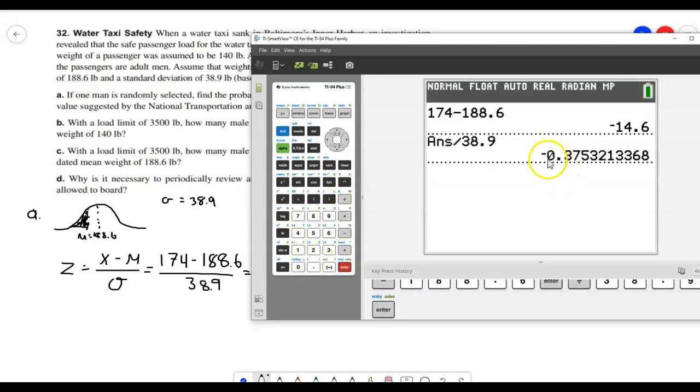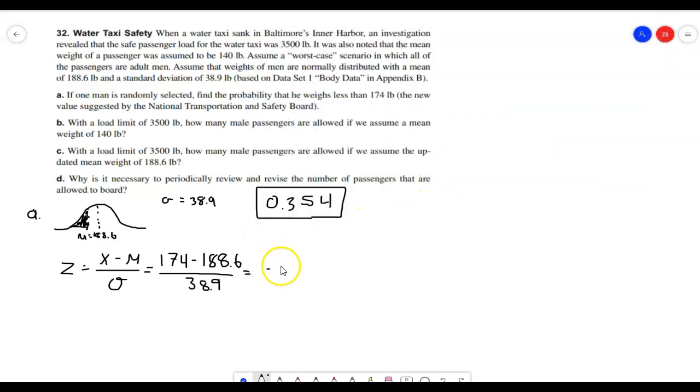I round to 2 decimal places because our chart goes to 2 decimal places, so this is going to be negative 0.38. So this is the z-score, which means that we are 0.38 standard deviations to the left of our mean.